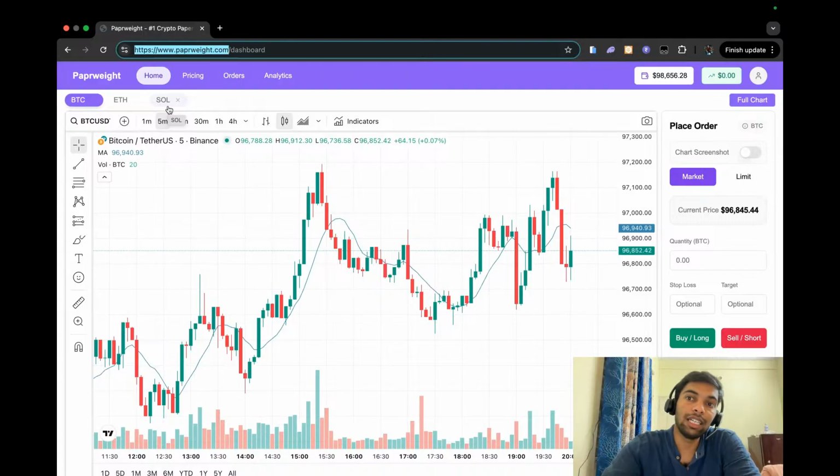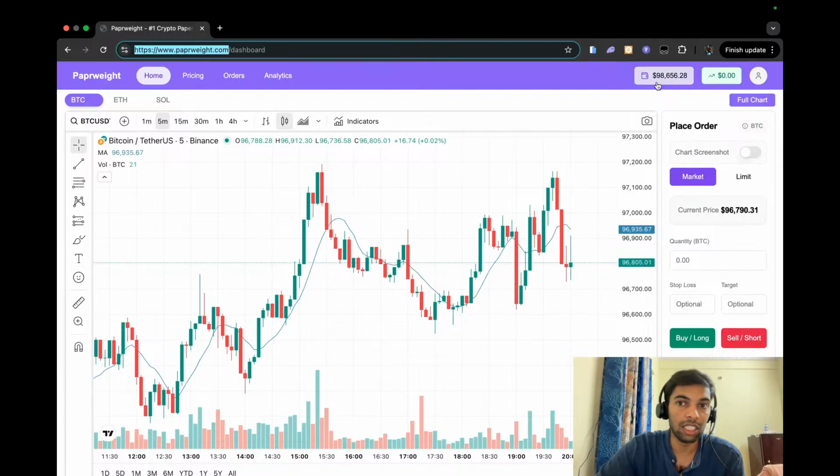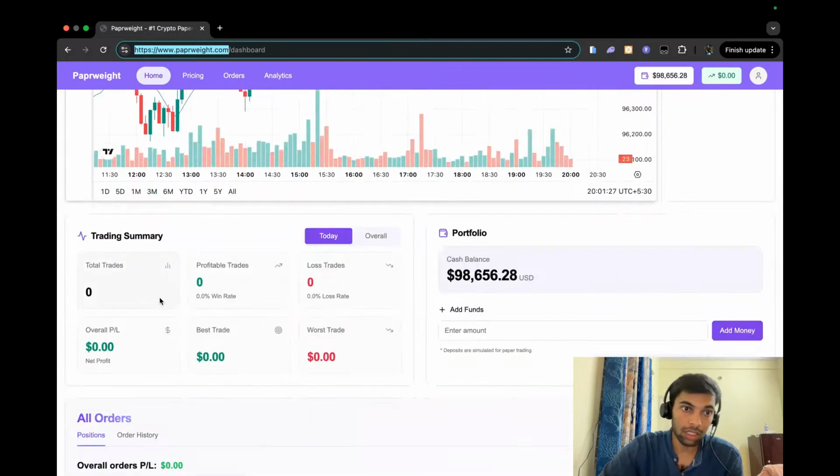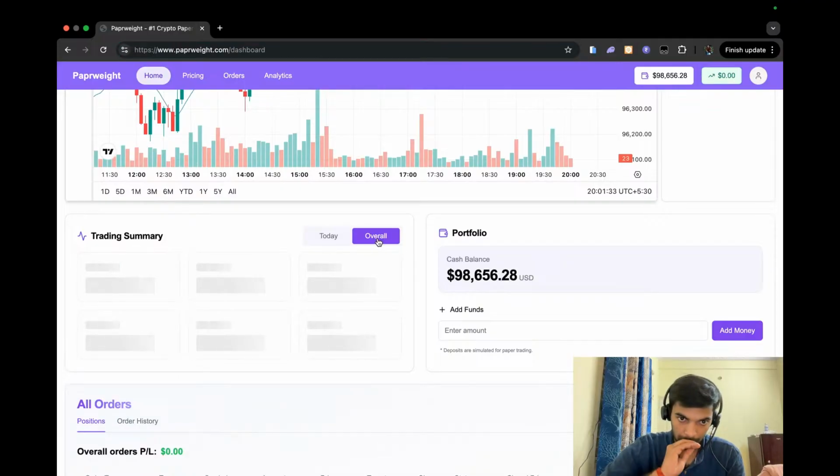So this is the application that I developed on my own, just to practice trading with dummy money, the digital dummy account or paper money, and I can track my progress as well. This is my trading summary for today. I haven't taken any trade till now. This is my overall summary.